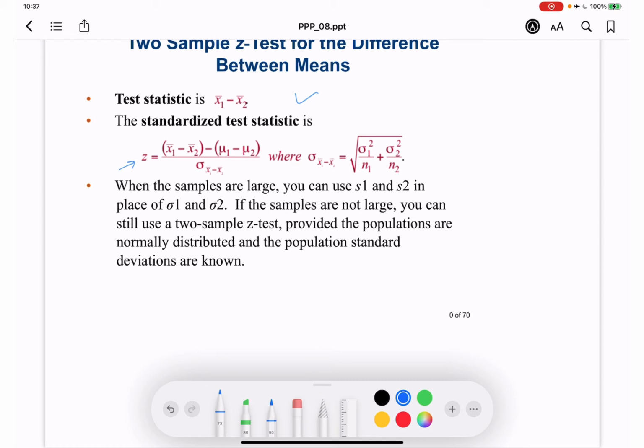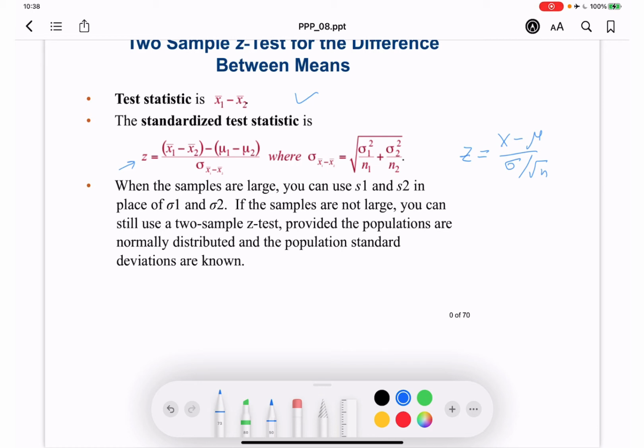Remember, for one sample we would have z standardized equal to x minus mu over sigma. If the sample size is known, then we divide by the square root of n.